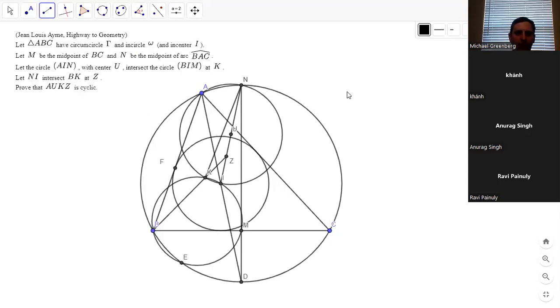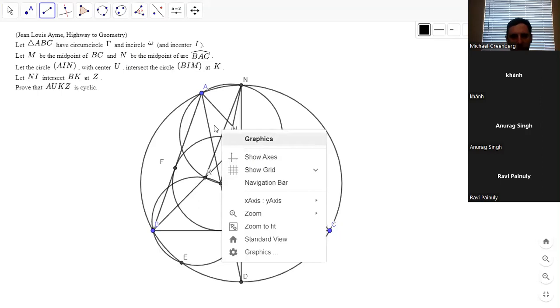So we could try to show that angle ANK plus angle NAB is 180. Okay. We can define K as IF intersect that circle. Okay. So I'm going to hide a couple things. I like that idea.